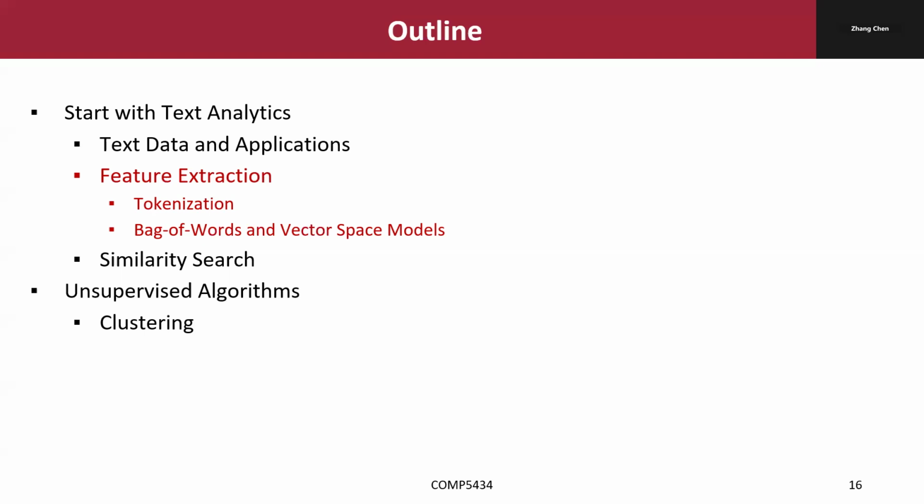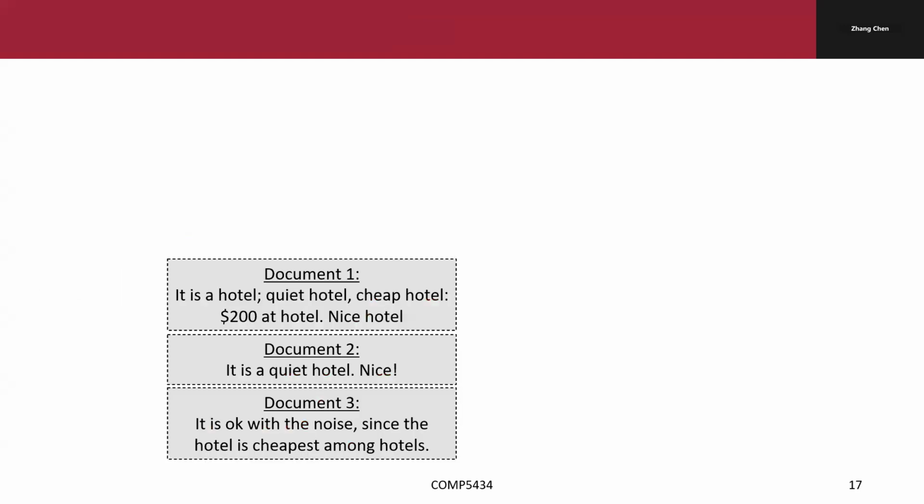Eventually, every single document will be represented as a vector. Once we have those vectors, we can do things like similarity search, for example, Google, and also clustering later on. So from now on, we will focus on feature extraction and see how we perform it step by step, starting with tokenization. The next slide.